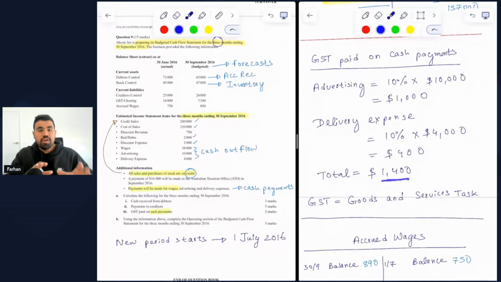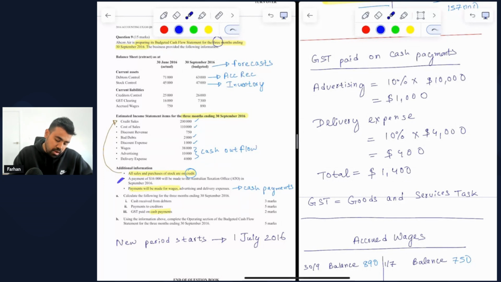Now, a lot of students I've seen made mistakes or had confusion where they asked me about the second point in the additional information: a payment of 16,000 will be made to the ATO in September 2016. They were confused that this could also refer to GST paid, but this is referring to the GST settlement to the Australian Taxation Office.